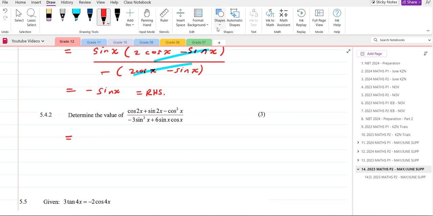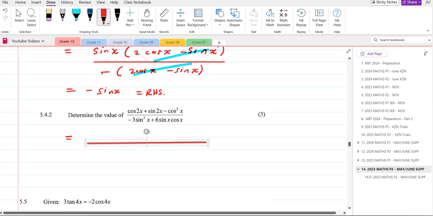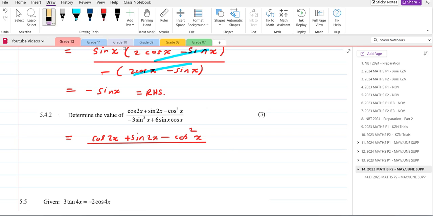We're not going to change anything on the numerator, so the numerator remains the same, which is cos 2x plus sin 2x minus cos²x. Now change the bottom.